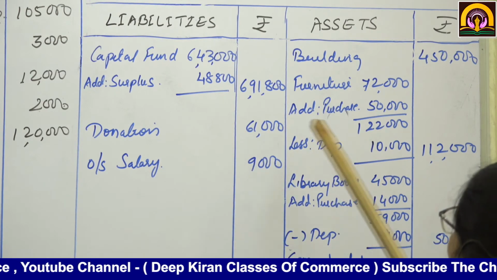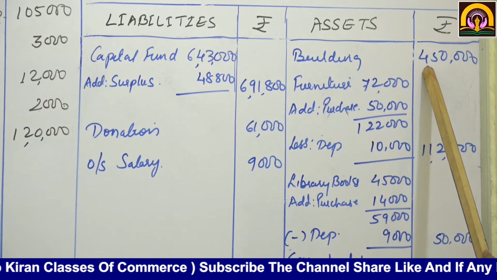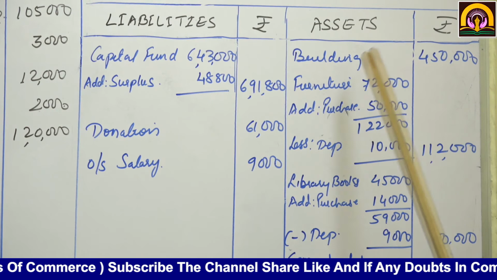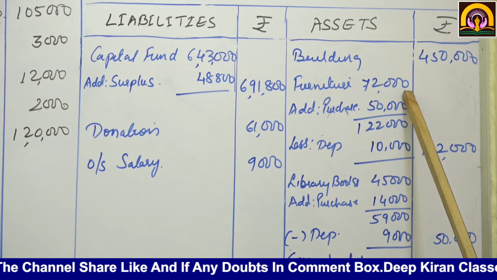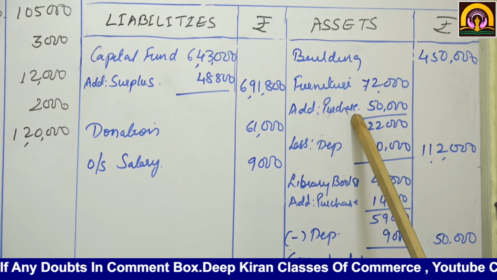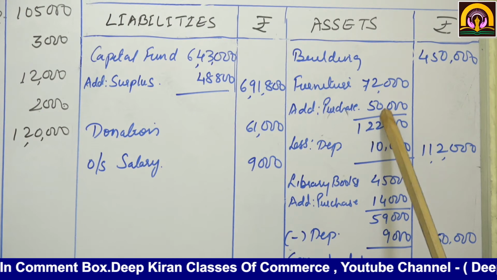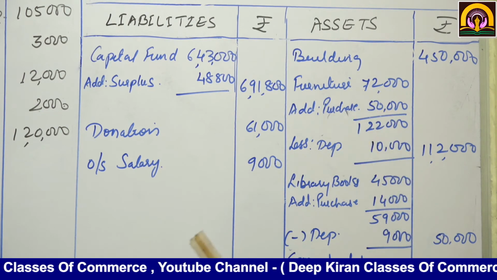Okay. Now see, asset side, building 4,50,000. Furniture, in the opening balance sheet, it is given to you as 72,000. Then on the payment side, furniture is given to you as 50,000. If you add, it will come to 1,22,000.